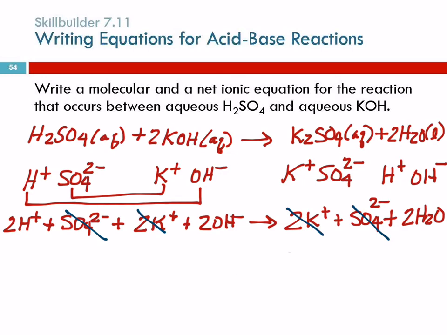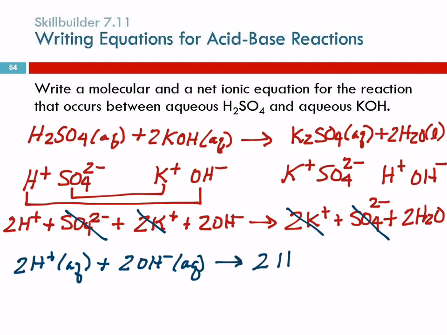The net ionic equation is copying down the things I didn't cross out. 2H plus. It's a good touch to put the state symbols back in here. And that's forming 2H2O, and that's liquid.